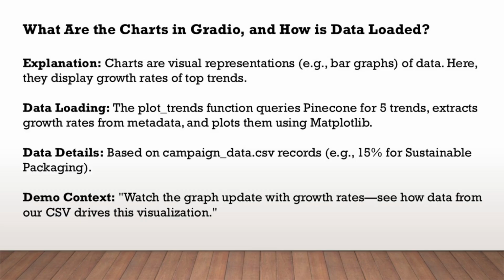The data is based on campaign_data.csv records, for example 15% for sustainable packaging. In this demo, watch the graphs update with growth rate and see how the data from the CSV drives this visualization based on the user's query. You will see how the graphs get displayed.